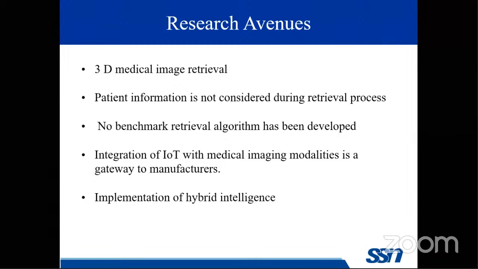The second one is that patient information is not considered during the retrieval process, so patient information must be labeled along with the images. And the third one is that no benchmark retrieval algorithm has been developed as of now. So it is still possible for you to develop a benchmark retrieval algorithm.